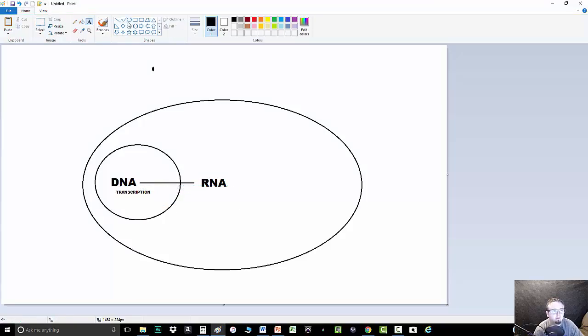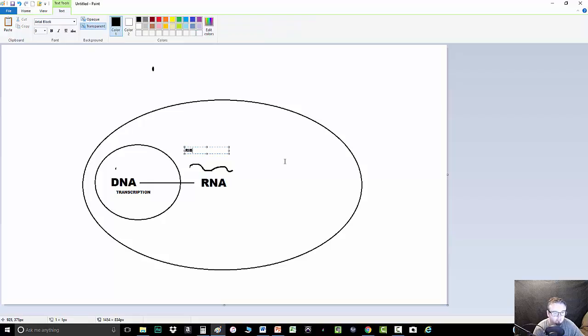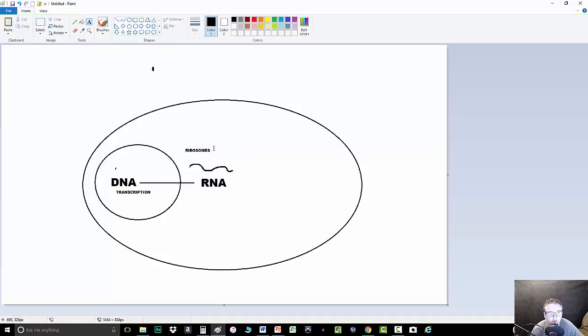Once the RNA is created, recall that we now have this mobile piece of genetic material. This can now travel out of the nucleus and into the rest of the cell. Why would it do that? Because this is where the ribosomes are located. See how I've set that up there?